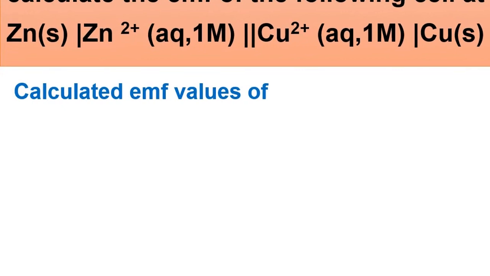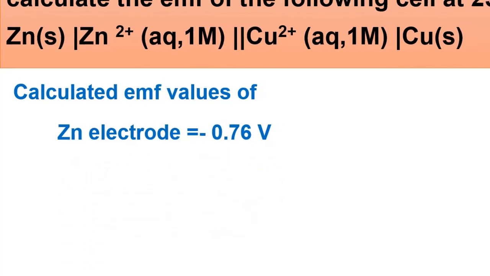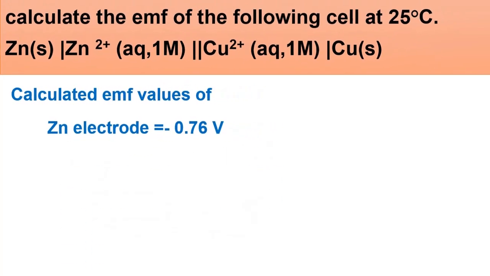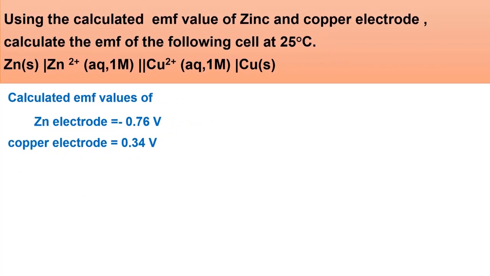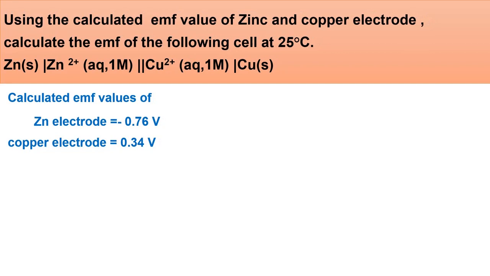The calculated EMF value of the zinc electrode is minus 0.76 volt and the copper electrode is 0.34 volt. E naught cell at 25 degrees Celsius is calculated by using the formula E right minus E left, or E cathode minus E anode.